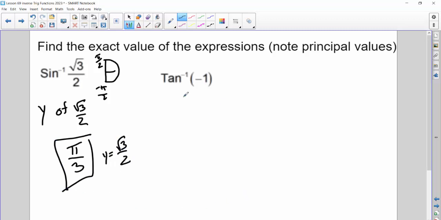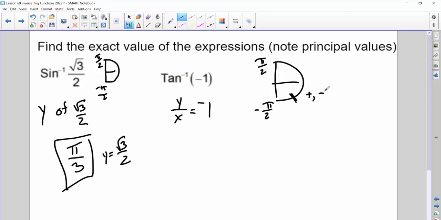For tangent, again, we need a y over x equaling a negative 1. And tangent has that same region to answer within as sine. But if we're going to get a y over x value of negative 1, then these two values, y and x, must be the same in size. And we must get a negative answer, which means our answer has to be down here somewhere, because I have a positive and a negative value.